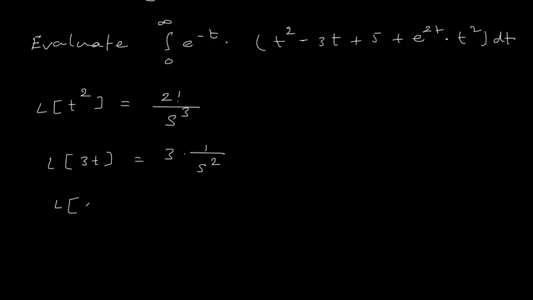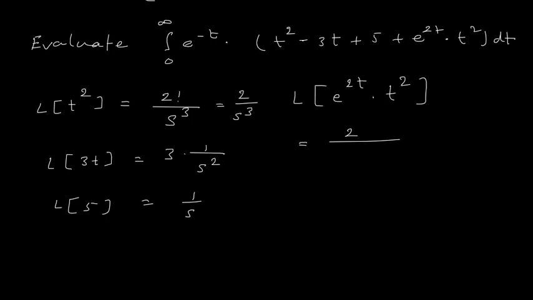Laplace of 5 is 5 upon s. And Laplace of e power 2t into t square. The Laplace of t square we know is 2 upon s cube. So Laplace of e power 2t into t square will be 2 upon, s replaced by s minus 2, the whole cube.